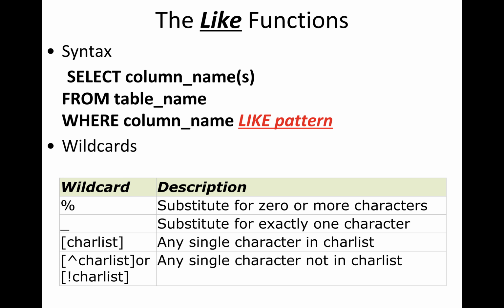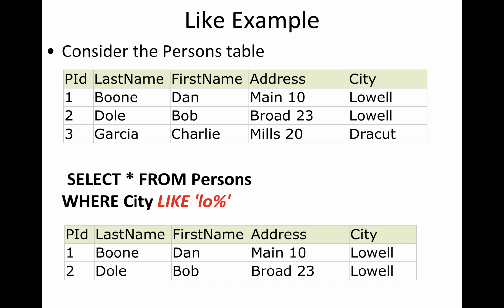And now here the predicate is like, and it just shows you some other rules on how to create those predicates, those regular expressions. So here's an example of retrieving all the persons where the city is like Lowell, right?